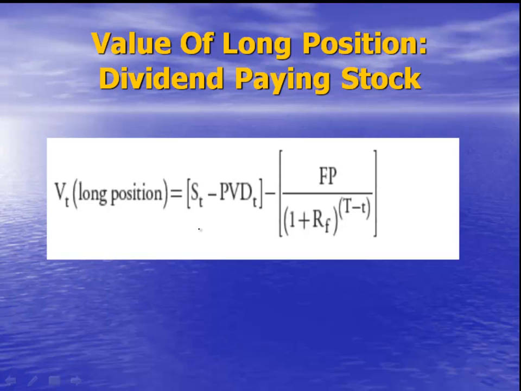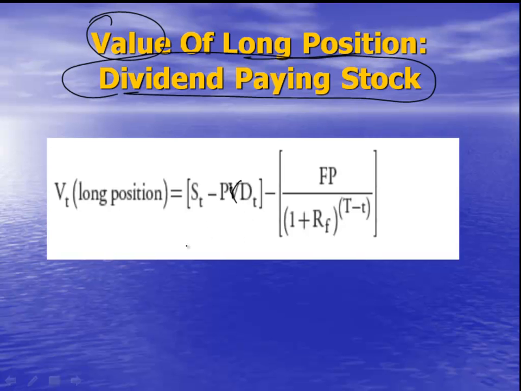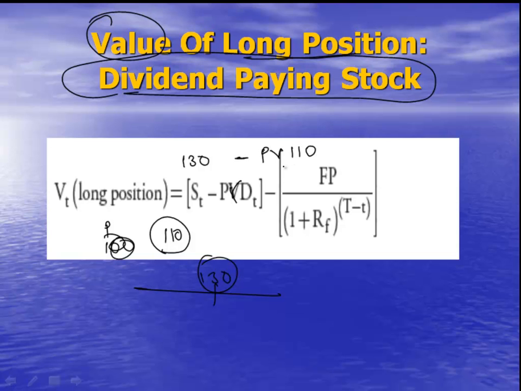This is assuming that there was no dividend. Let's say in the same example, 110 was the forward contract price, and after 6 months the price became 130. So what you will do is you will short sell it at 130. So you would receive this 130 and then you would deposit the present value of 110.